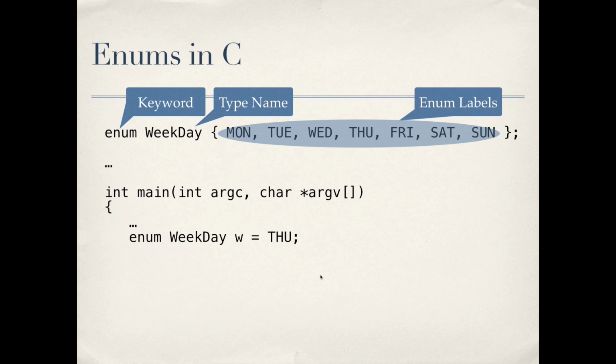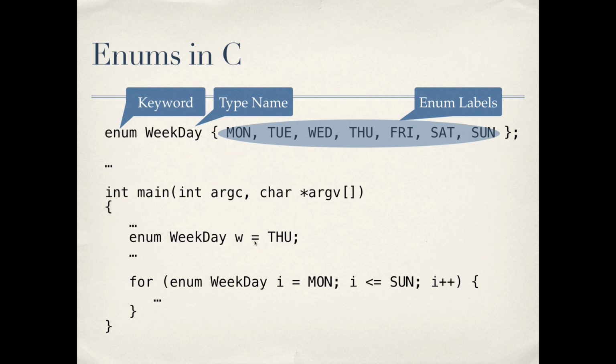So w is now a variable which can accept different values out of these labels we've defined here.